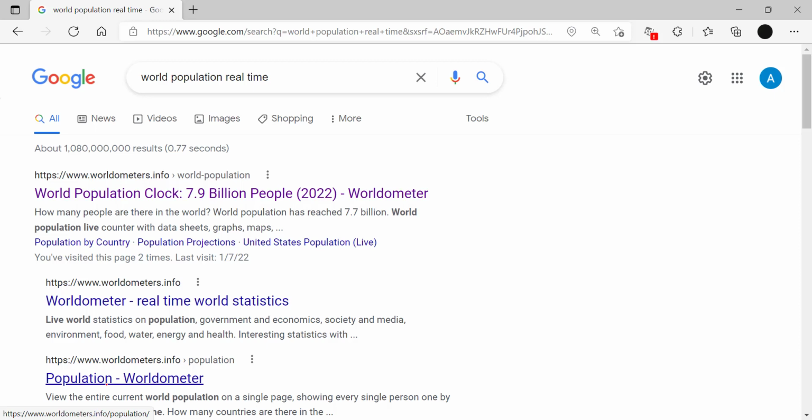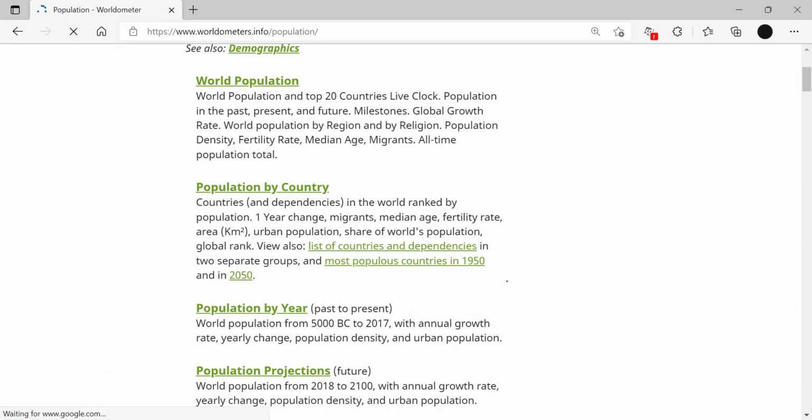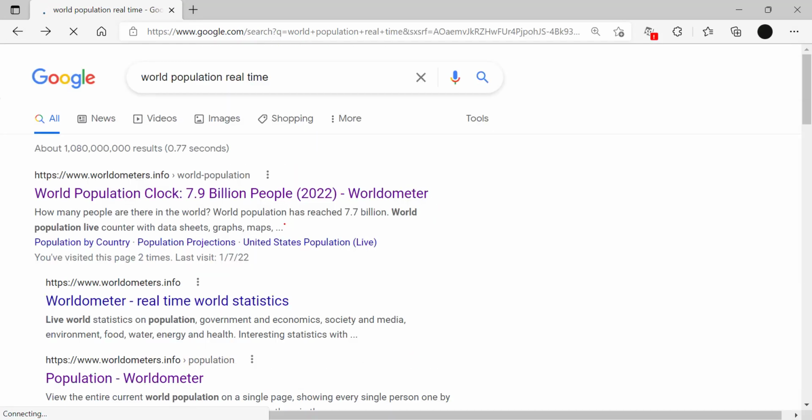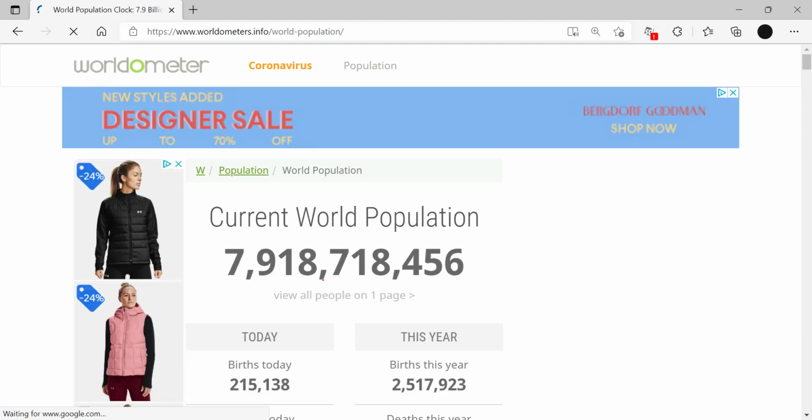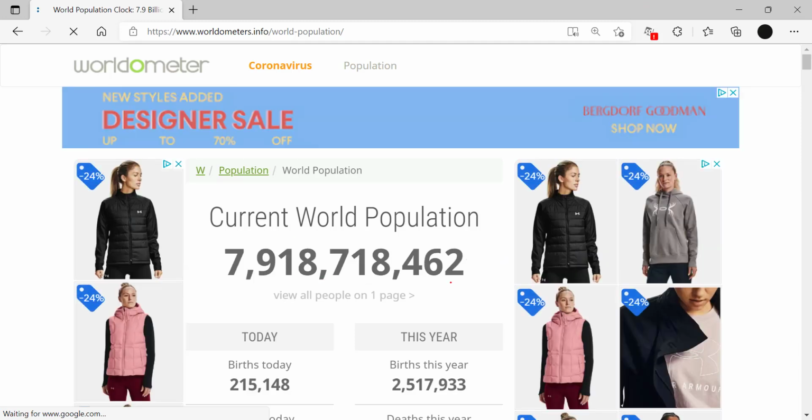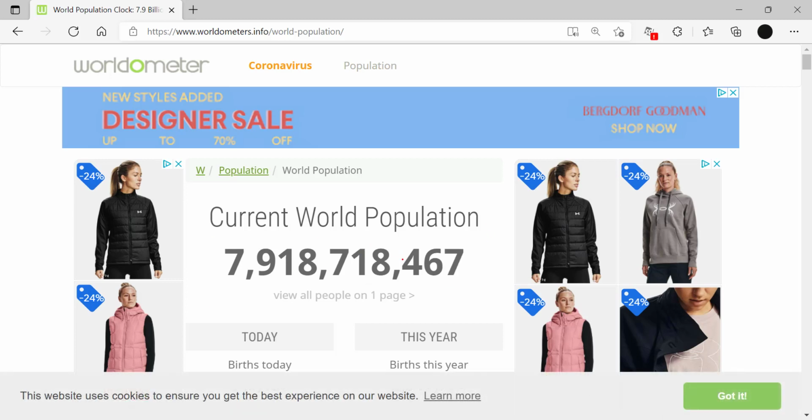You can click on the first web link, and then you're gonna see the current world population retrieving now. If you pay attention to this population, as you can see, this current world population is increasing continuously every second. Right? If you look at it, it just keeps going up.